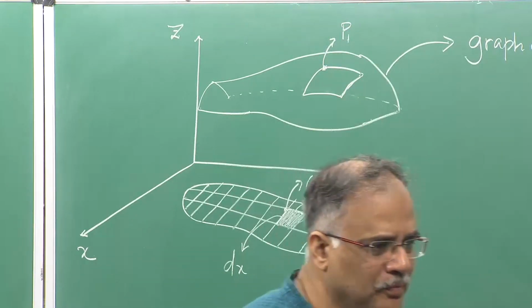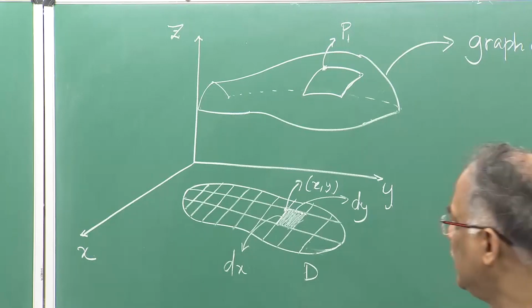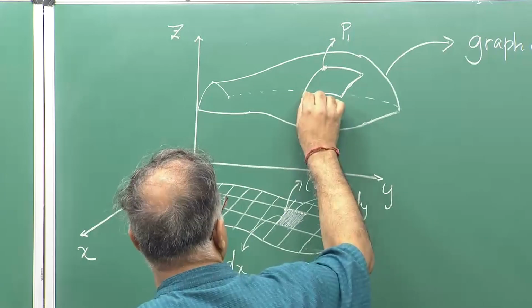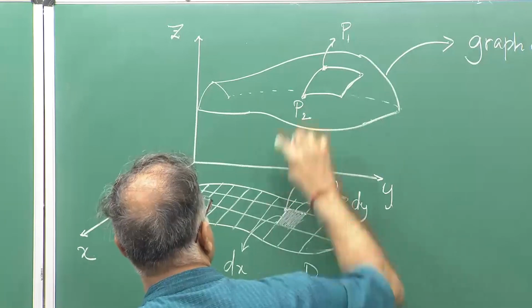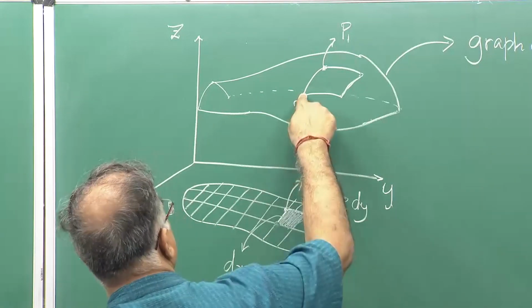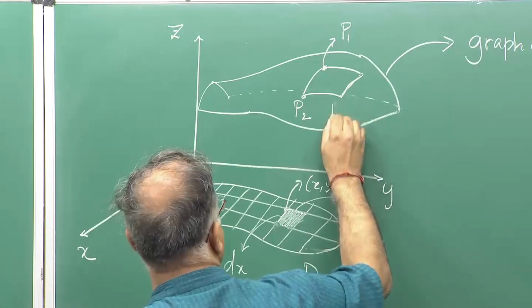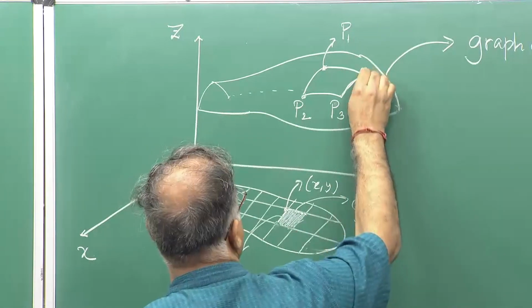Then I will call these corresponding points P2, which is corresponding to this one. This point gets mapped to P2, and this point gets mapped to here, which I call P3 and P4.